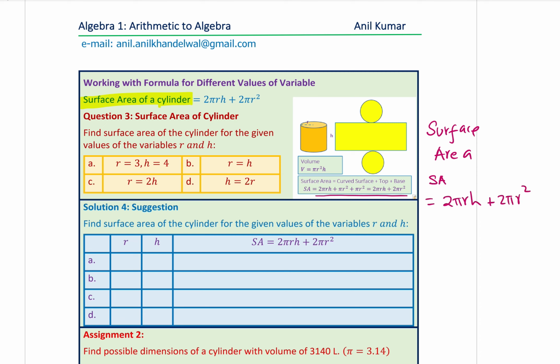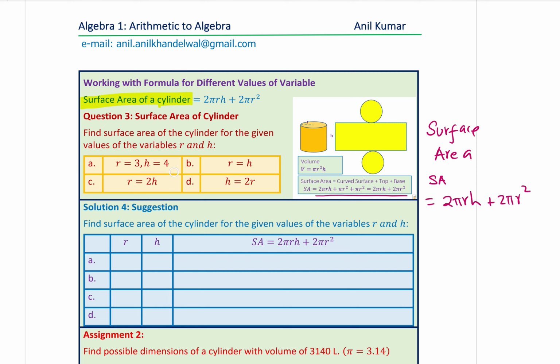The question here is similar to what we had earlier. The only thing is, this time we need to find the surface area of the cylinder for the given values of variables r and h. r being 3, h being 4, and b is r equals to h. Both radius and height are equal.